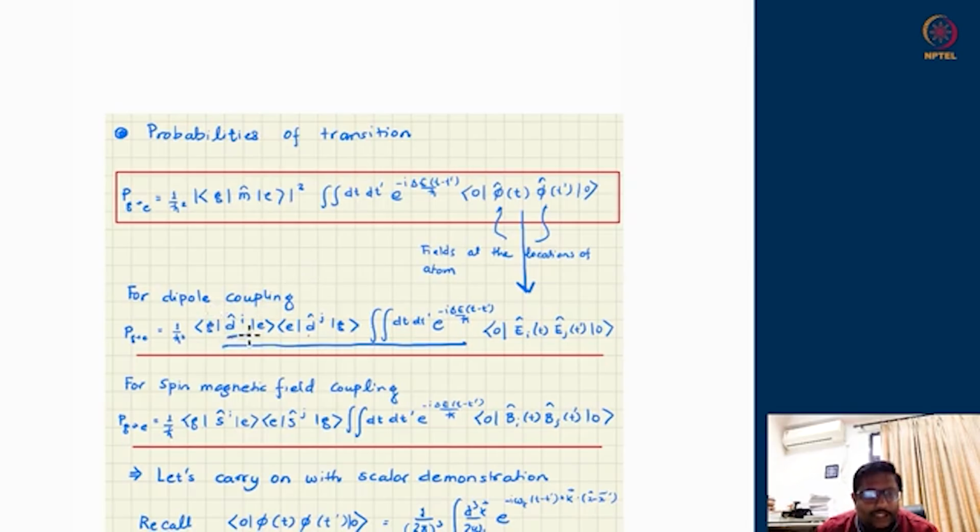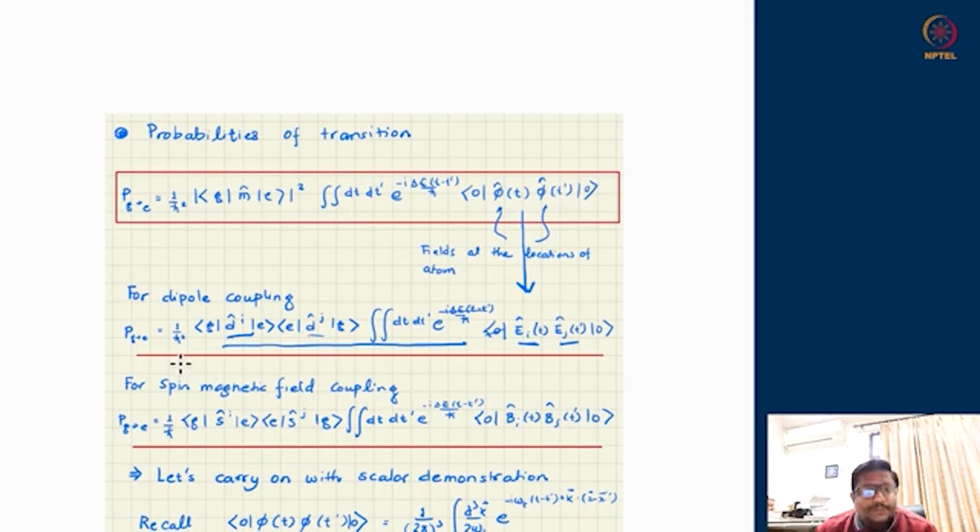So I would have a d_i E_i for one and d_j E_j for the other. So this d_i E_i and d_j E_j appear as two separate interaction amplitudes, whose product with its complex conjugate constitutes a very similar looking transition probability expression to the one we have just obtained for the scalar field interaction.